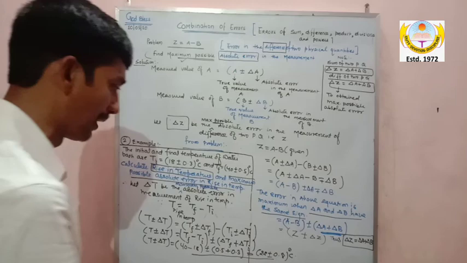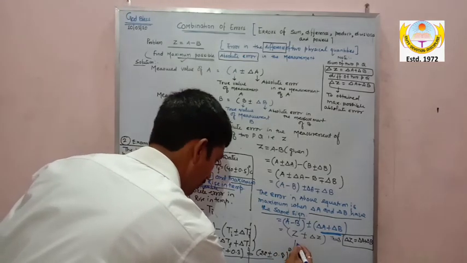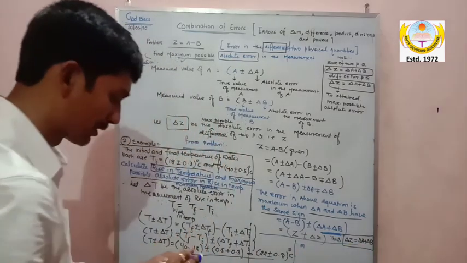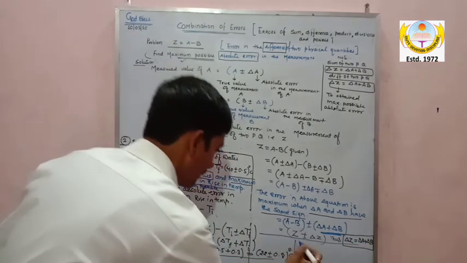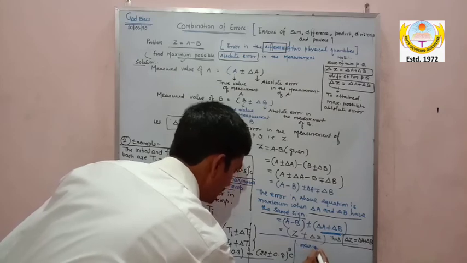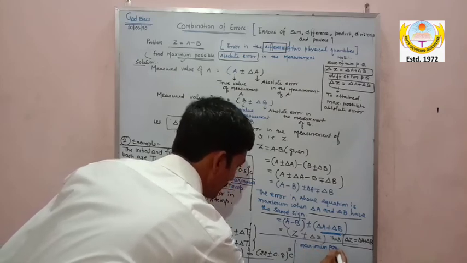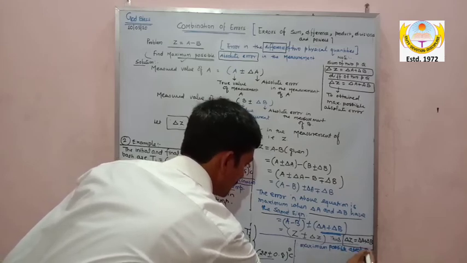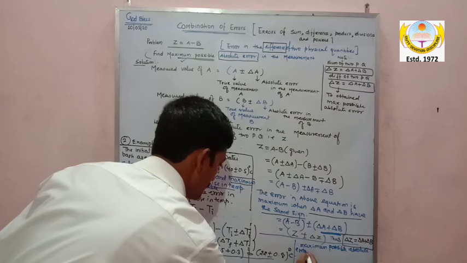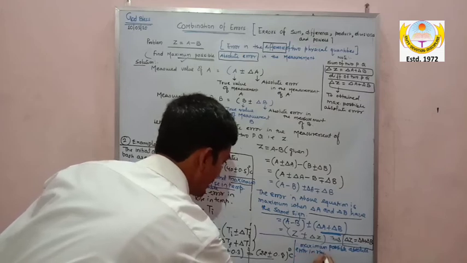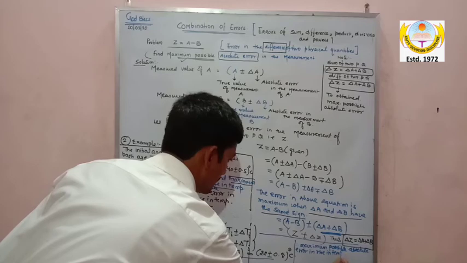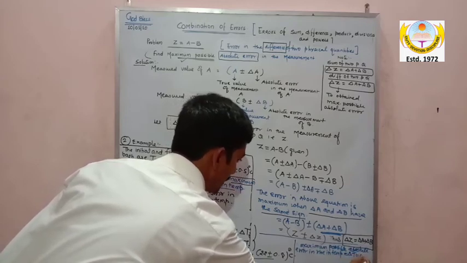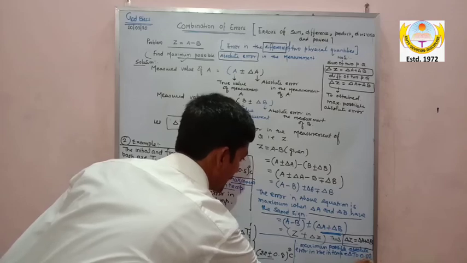So the maximum possible absolute error in rise in temperature is delta T, and that is equal to 0.8 degrees Celsius.